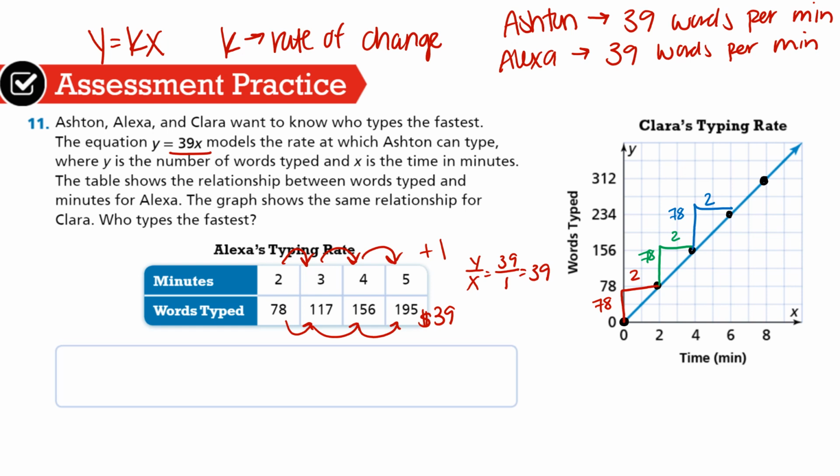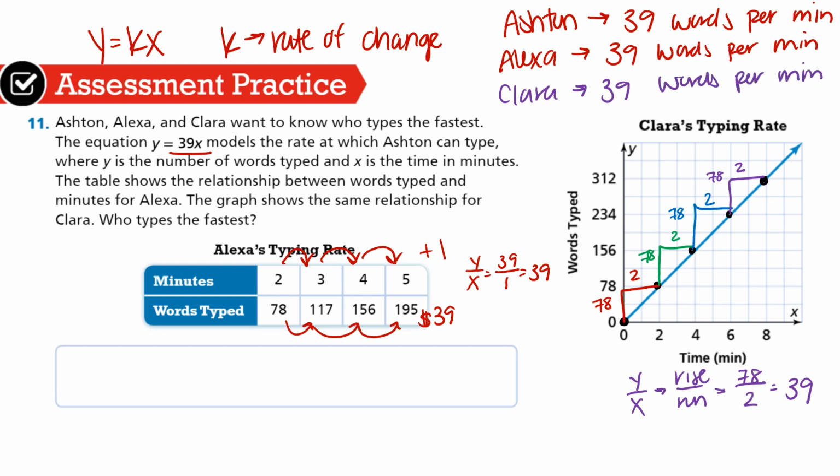And 234 to 312 is 78 words in 2 minutes. Setting up our fraction y over x, which is rise over run for the graph, we set it up as 78 divided by 2, which gives us a value of 39. So Clara is also 39 words per minute.